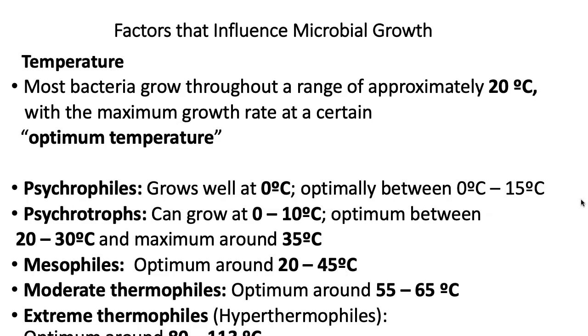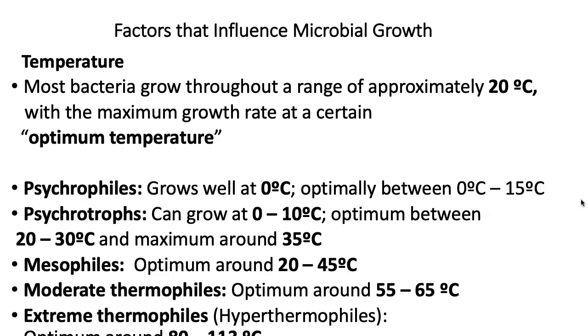Psychrophiles. Psychrophiles are microorganisms that grow at temperatures of 0 degrees Celsius, although their optimal temperatures could be between 0 to minus 15 degrees Celsius. We have psychrotrophs. Psychrotrophs can also grow at temperatures between 0 to 10 degrees Celsius, but their optimum growth temperatures range between 20 to 30 degrees Celsius, while their maximum temperature is 35 degrees Celsius.